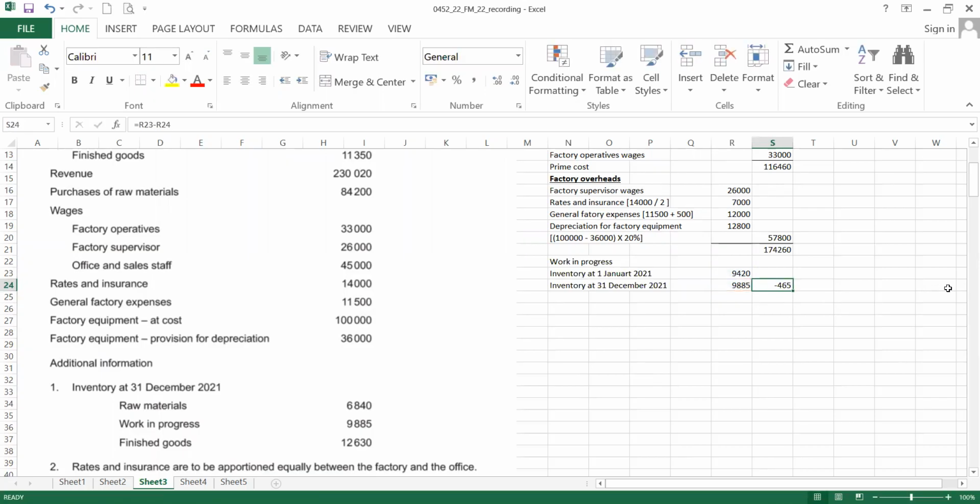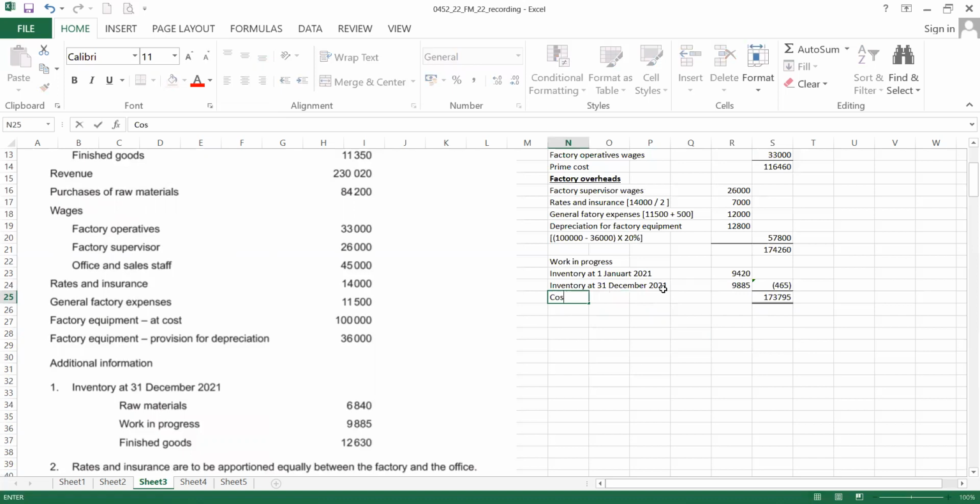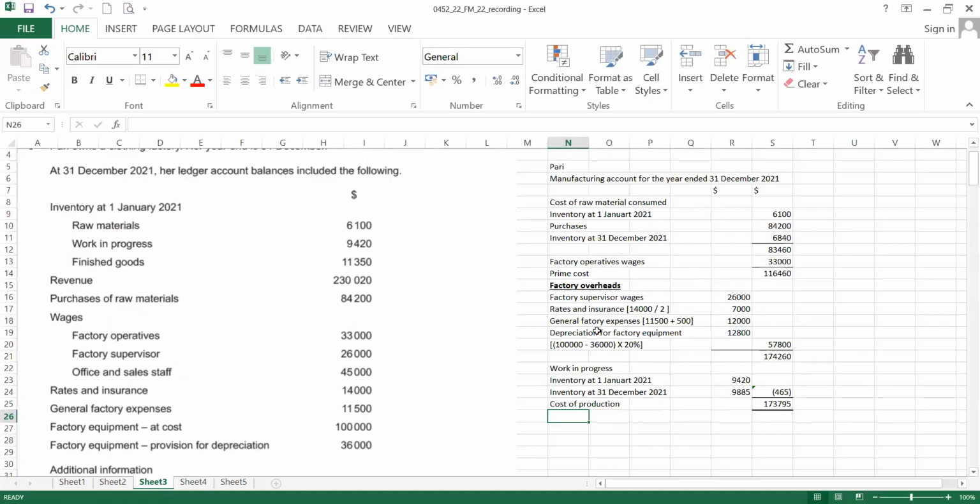So we get a negative, which means we put it in brackets, 465. Also we have to minus. So take this minus 465. So we get 173. So this is the amount that we get for the cost of production. Okay, so now we are done with the manufacturing account.